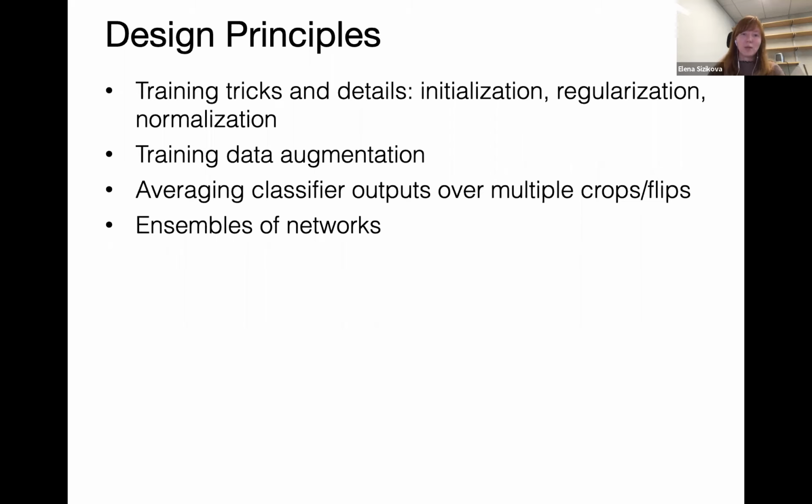So it's a way to try to make the networks not overfit to a smaller data set. Cropping is another example of data augmentation. Other things are ensembles of neural networks, so maybe you would train your network a couple of different times and average its results to get a more robust and stable prediction.